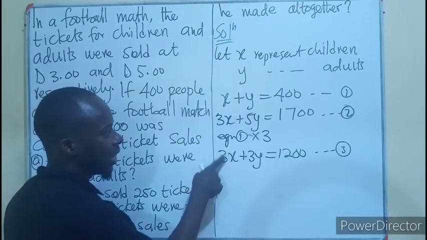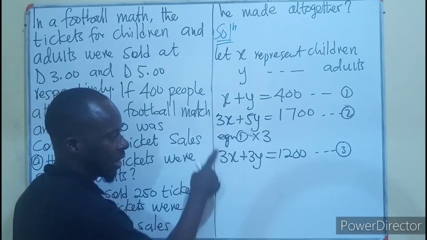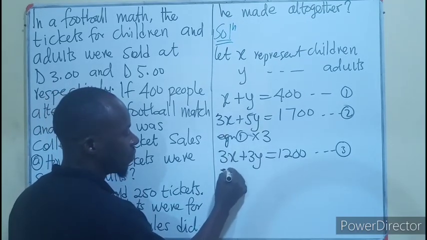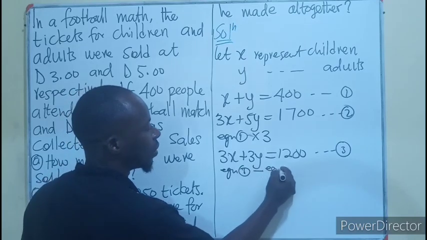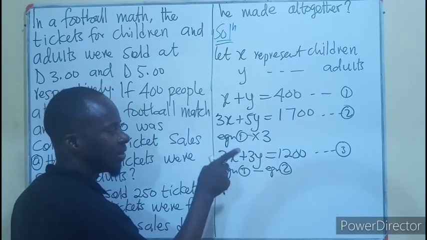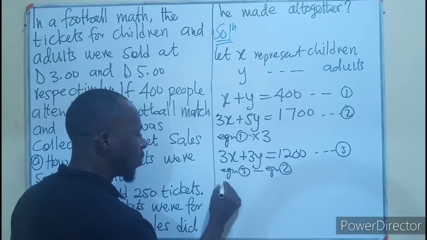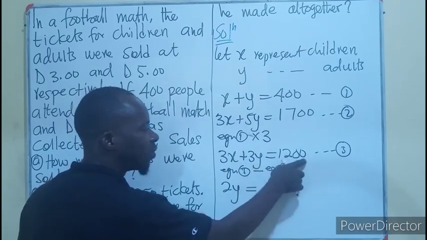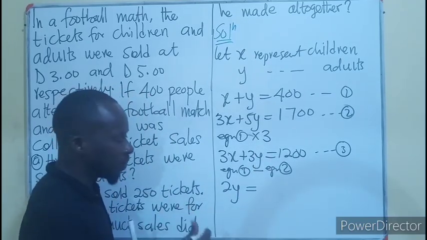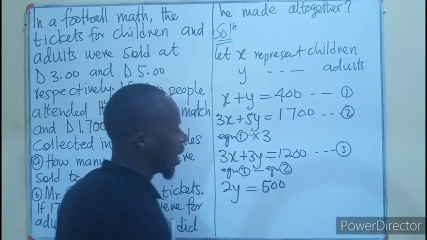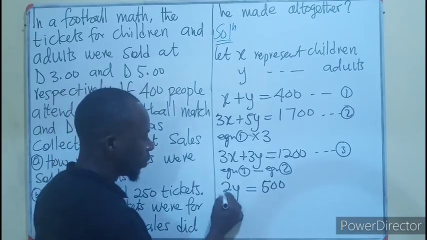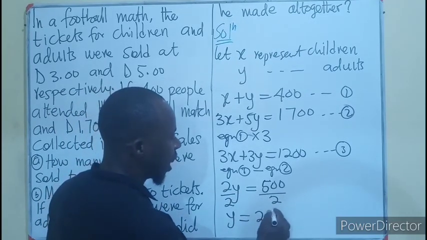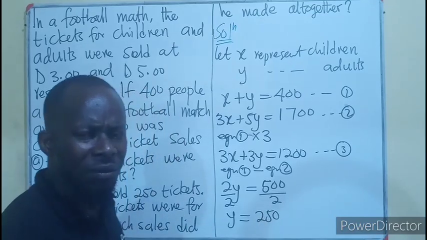So solving equation 3 and equation 2 simultaneously, I'll be subtracting equation 3 from equation 2. 3x minus 3x is 0. 5y minus 3y will give you 2y equals 1,700 minus 1,200. That will give us 500. But we are looking for y, so divide by 2 on both sides. y will be 250.